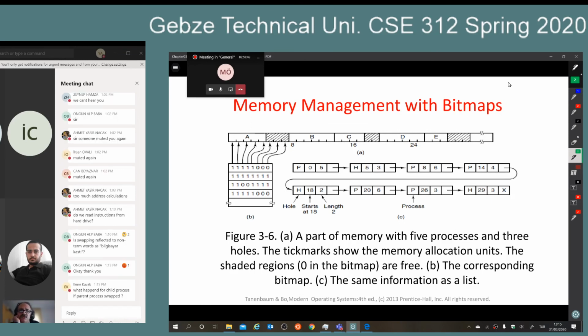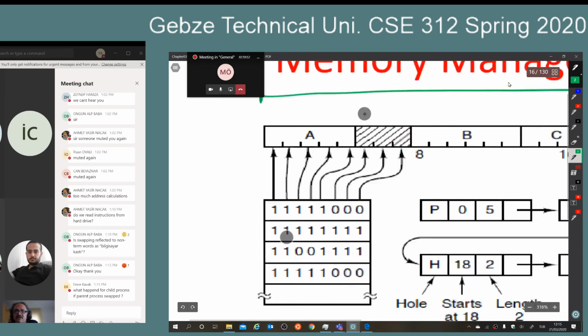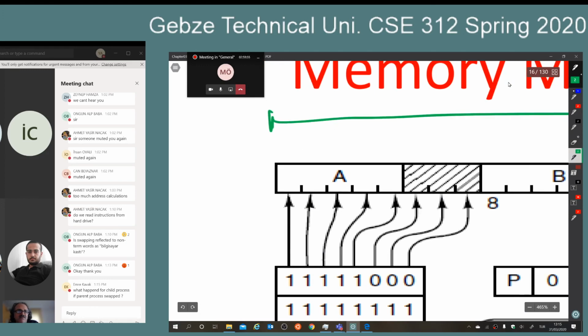Okay, so let's say my memory is divided into parts, let's say each part is 4 kilobytes, 4K, 4K, 4K.